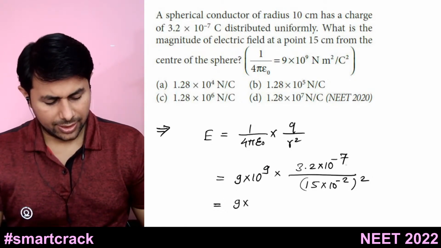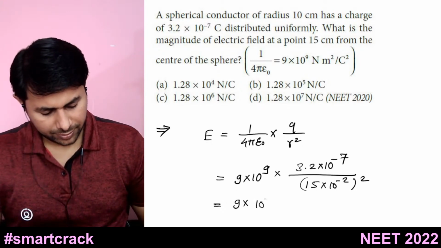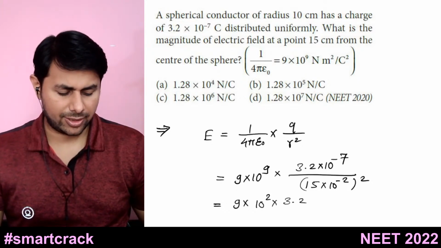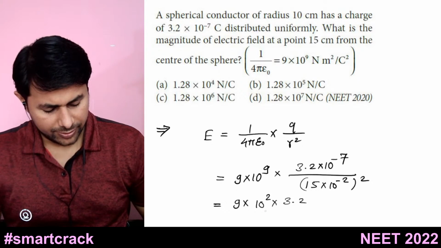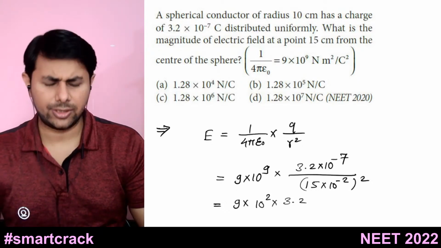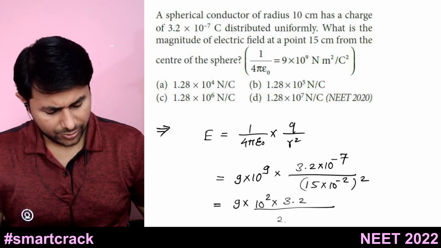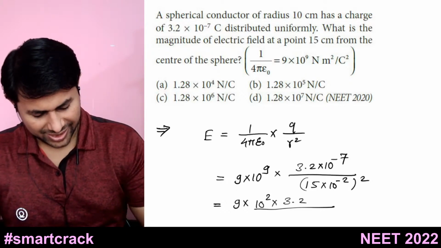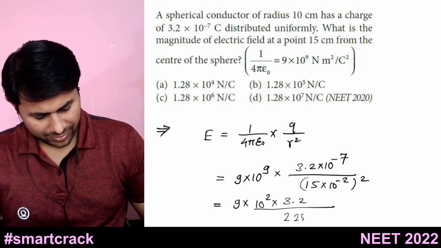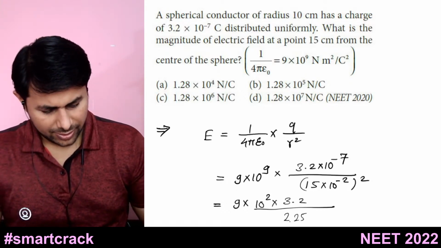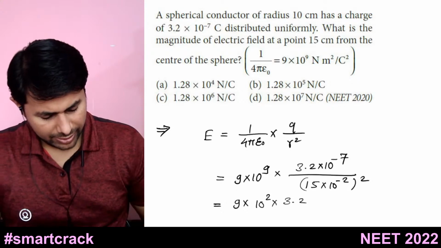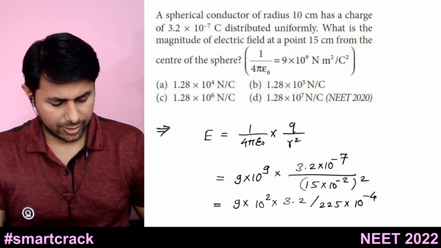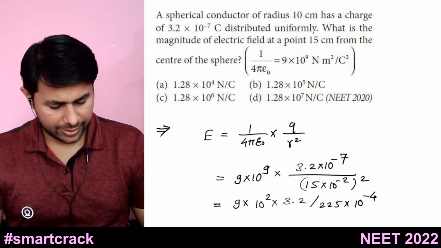That means 10 raised to 9 minus 7, so 10 raised to 2, multiplied by 3.2, and in the denominator we have 15 into 10 raised to minus 2, squared. 15 square is 225, multiplied by 10 raised to minus 4. So we have to divide this.